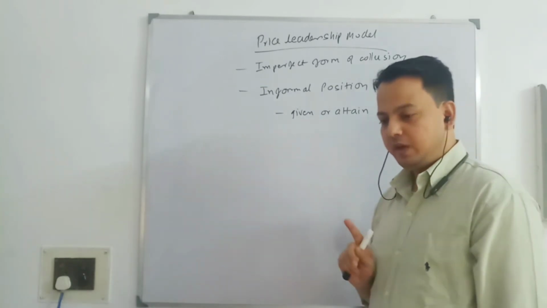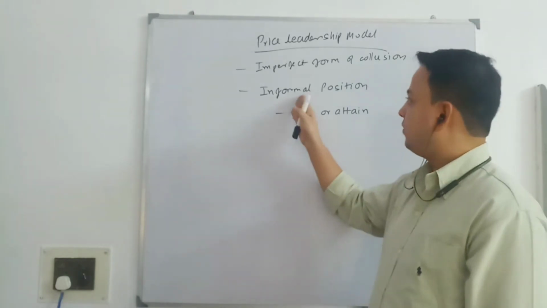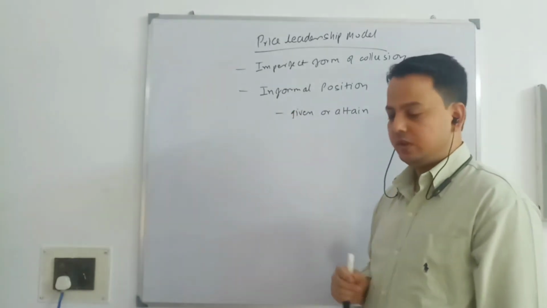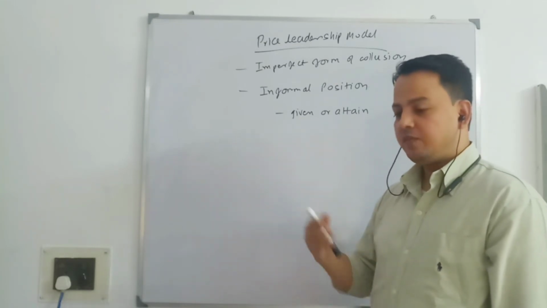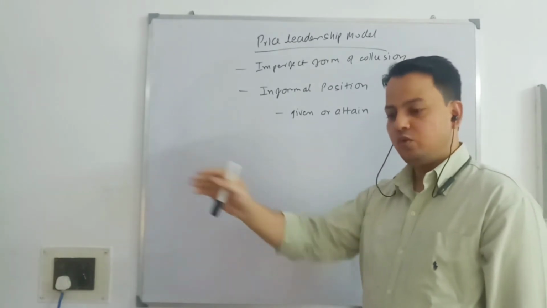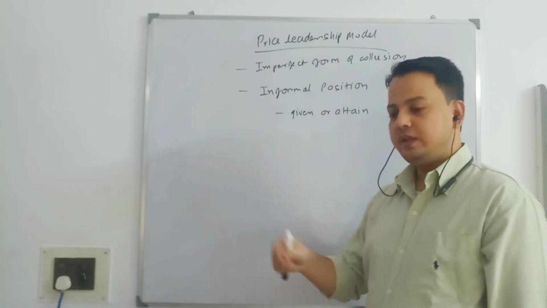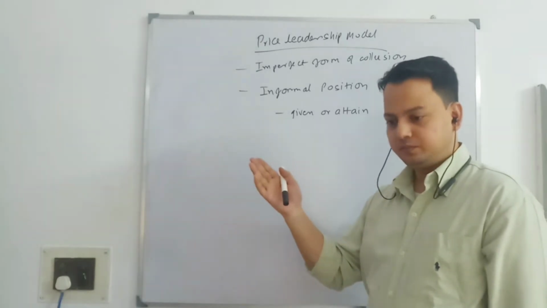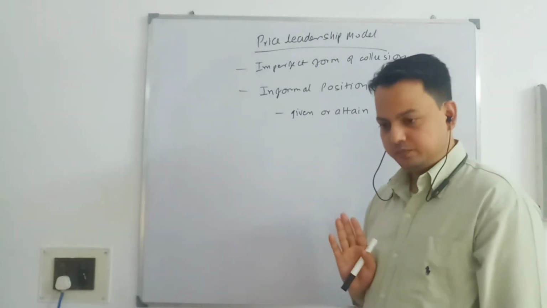Only one firm becomes the leader. So how does that firm attain an informal position? Either it is given to a firm, maybe because that firm has a low cost of production, maybe that firm has a higher market share as well as a lower cost of production. Lower cost of production means it has economies of scale, so it can outcompete other firms. So either it is attained or it is given to the firm.